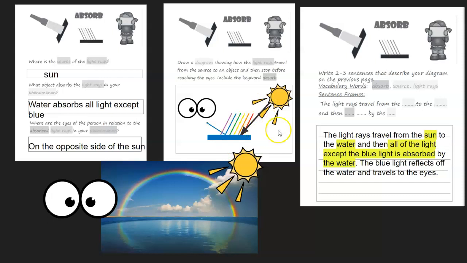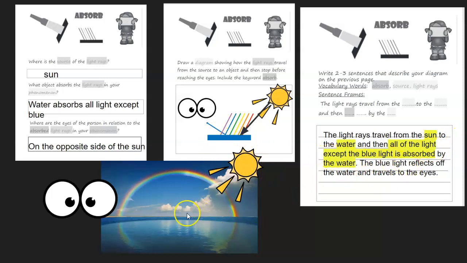That's how I'm describing that. You can pick your phenomenon, your one part of the phenomenon, and say, all the light is absorbed, or all the light except which color light is absorbed by the water.